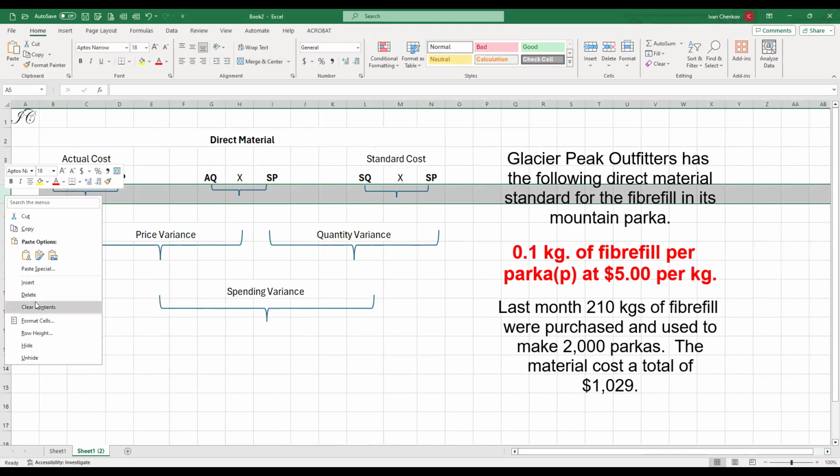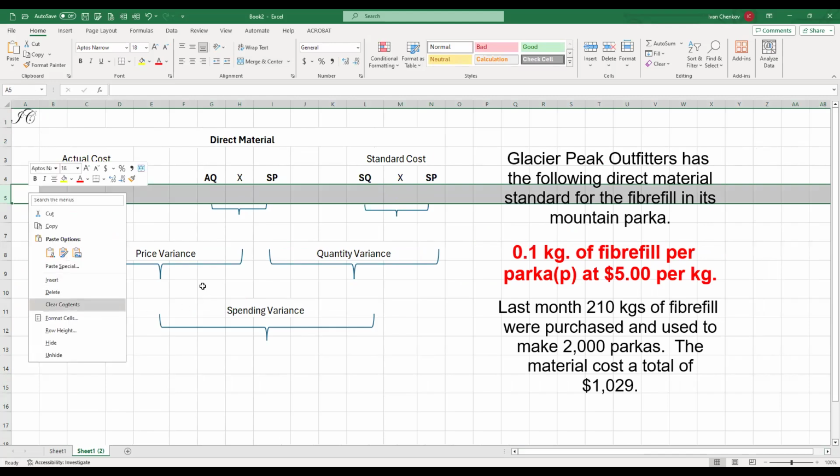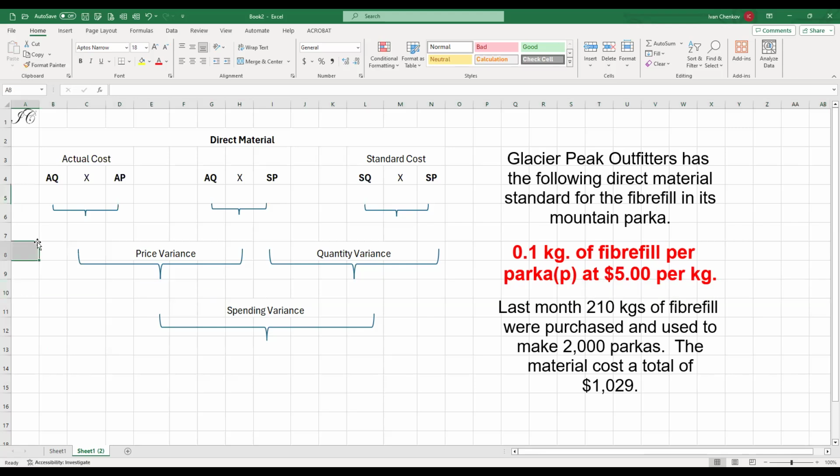So first things first, this company has the following direct material standards. Those are the standards.